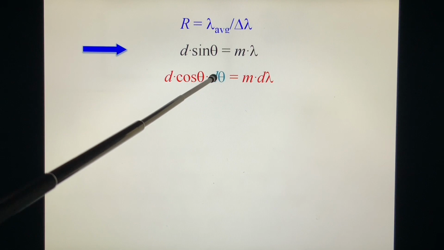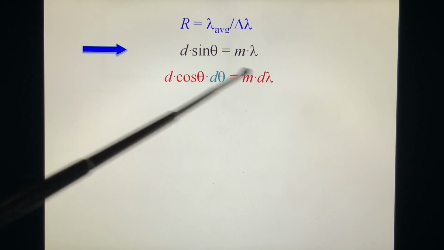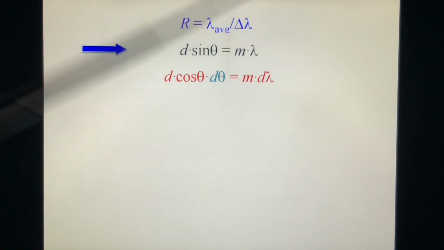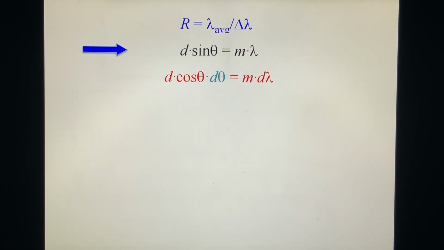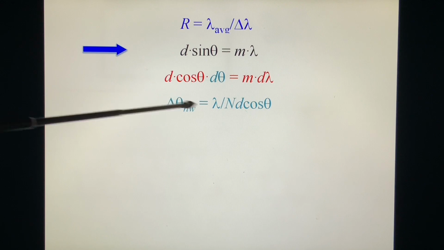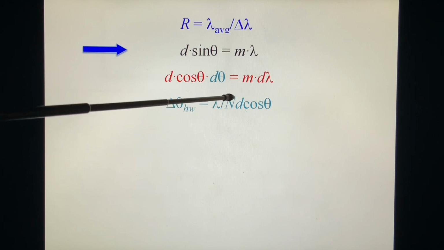This is the angle difference d theta for two lines with different wavelengths. When we look at the width of each line at the maximum, the half width is lambda over N d cosine theta.